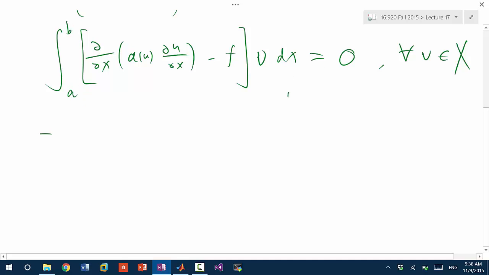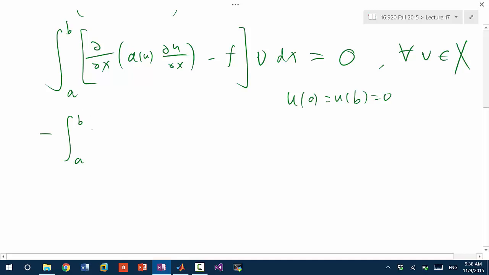And let's say u of a equal to u of b equal to 0. And of course, you can apply other boundary conditions just as in the linear case. We can apply a natural or essential boundary condition, right? But if we have an essential boundary condition that is equal to 0 at both sides, then we get integration by parts.